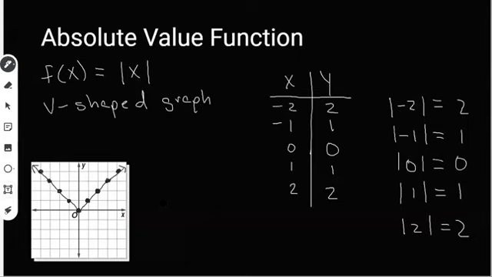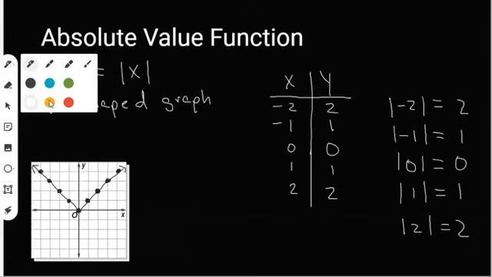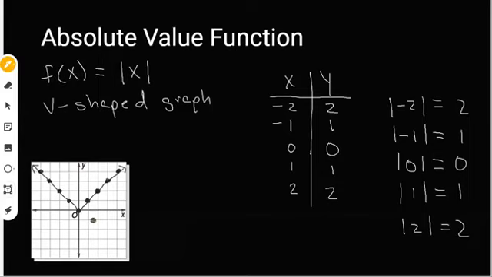So that's the absolute value function. It's not a U shape like the quadratic function was. It's a V shape. That's totally different. In fact, it's going to have a really sharp point right here. We call this a sharp point, or I know in calculus class, they call this a corner.